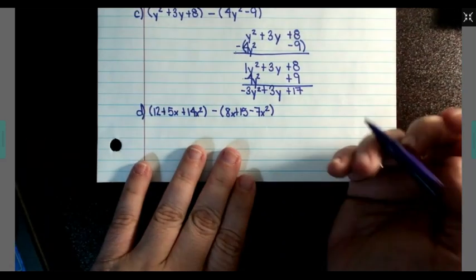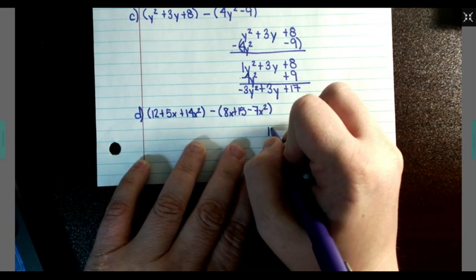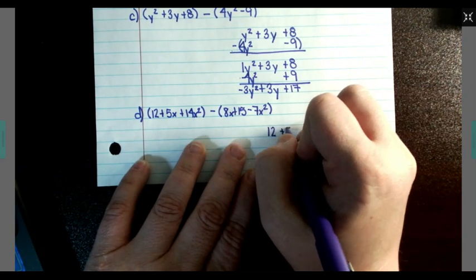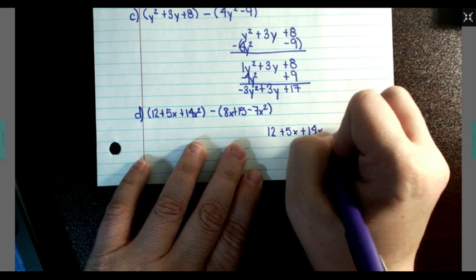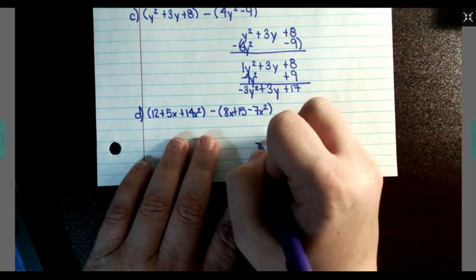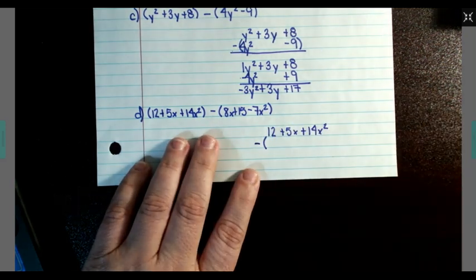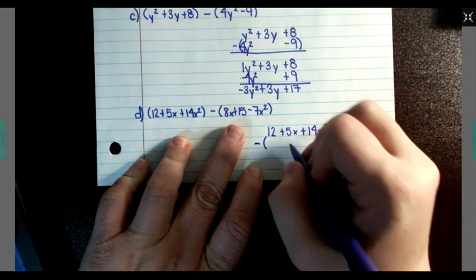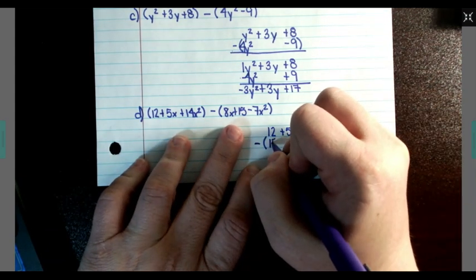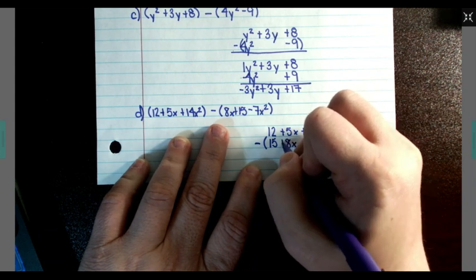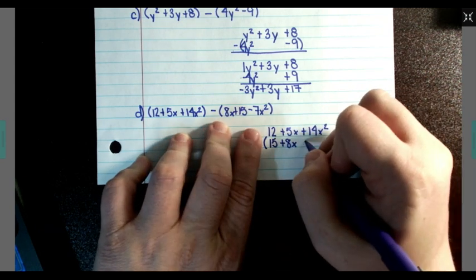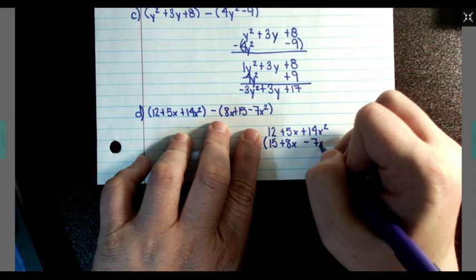Stack them. I've got 12 plus 5x plus 14x squared minus, put our like terms where they go. So I'm going to put the 15 first. I'm going to put the 8x second. And I'm going to put the 7x squared at the end.